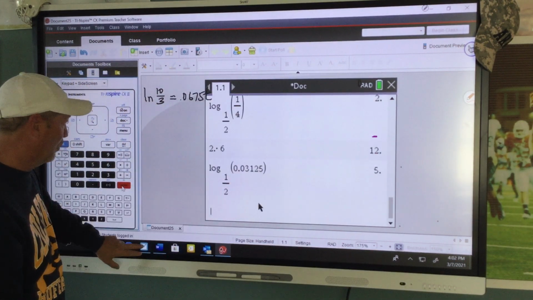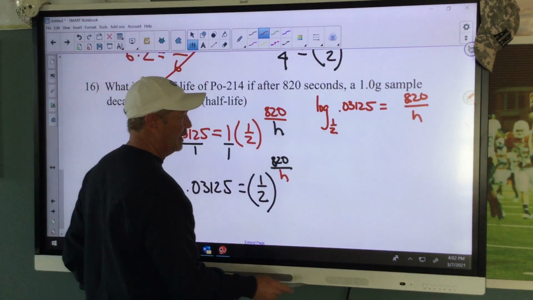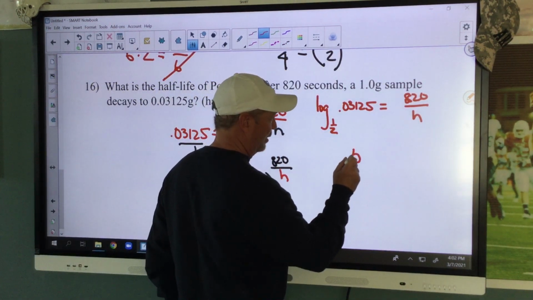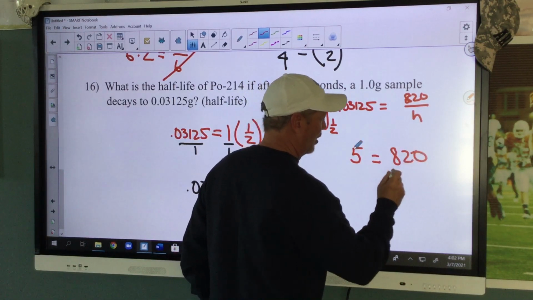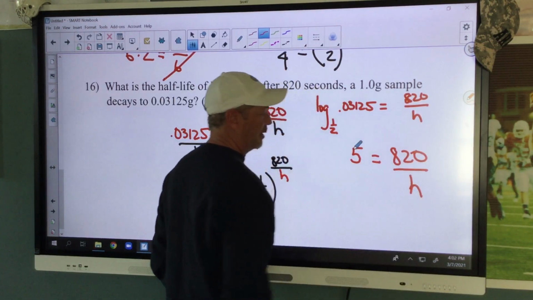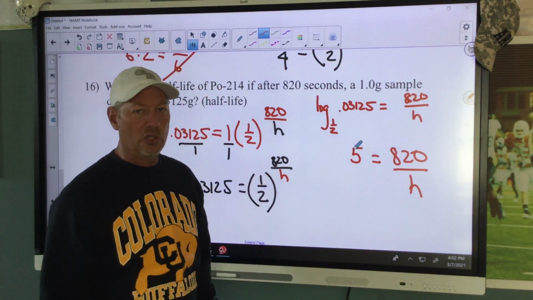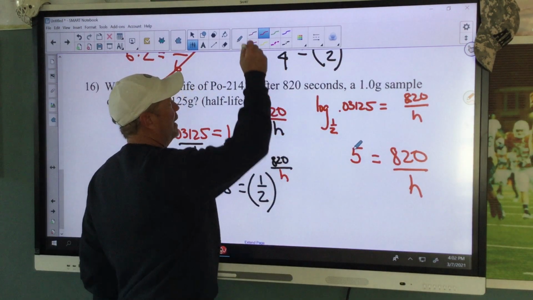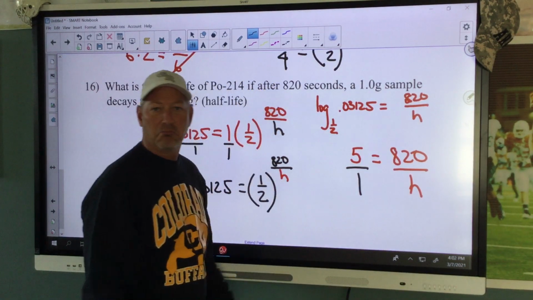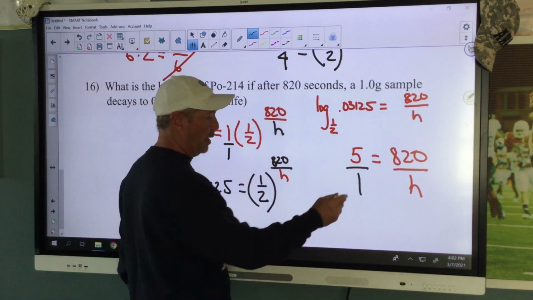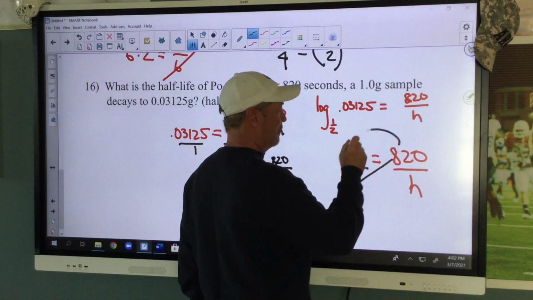Okay, so what we're looking at is 5 equals 820 over H. However your teacher taught you how to do this, I told my kids, you might want to treat it as a proportion, and then cross multiply, and then divide by 5.